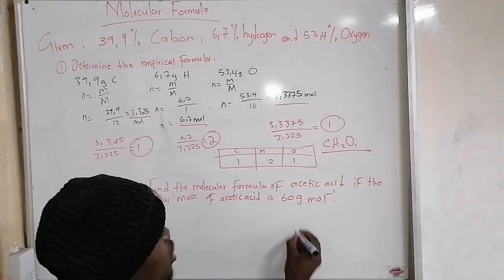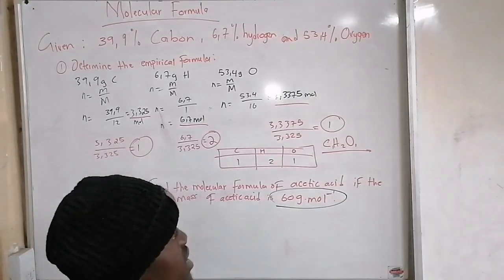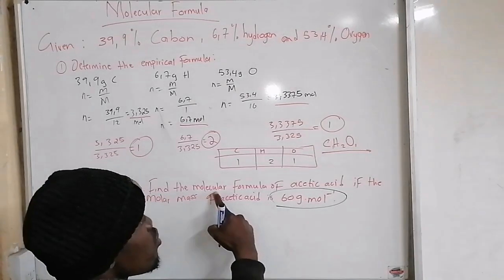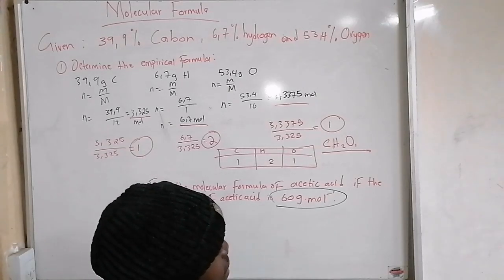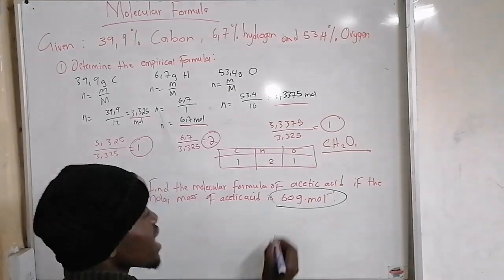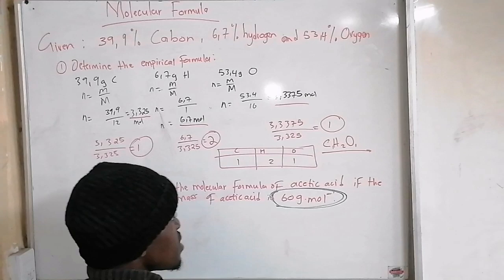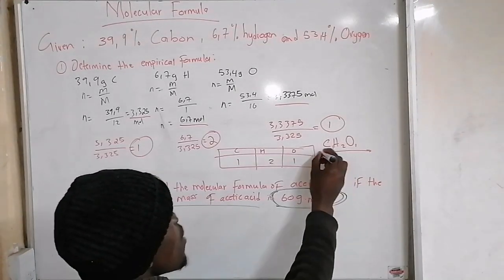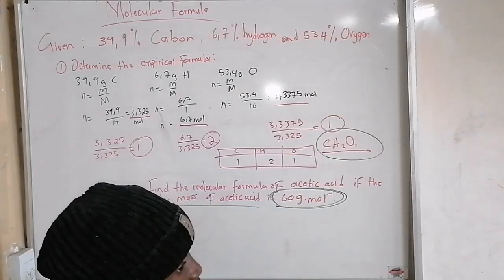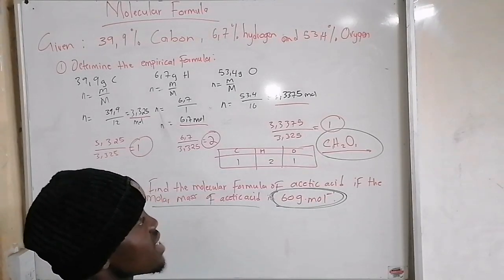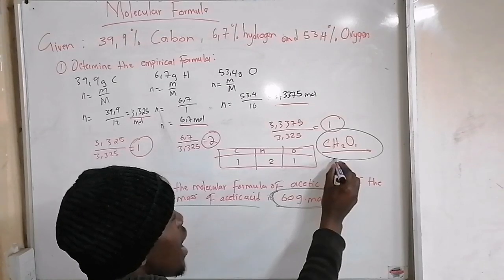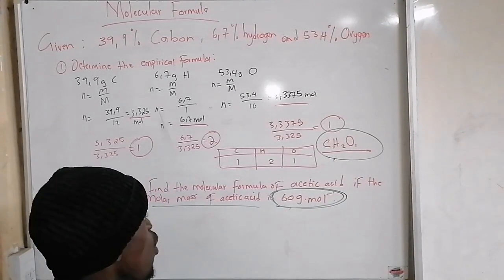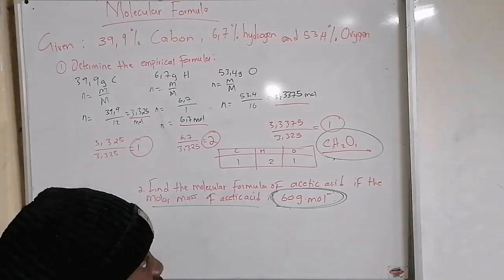Since the second question is asking us to find the molecular formula, they gave you the molar mass for acetic acid, right? Now here we have the empirical formula. So you must find the molar mass for the empirical formula, since they gave you the molar mass for the molecular formula. I don't know if you understand that.